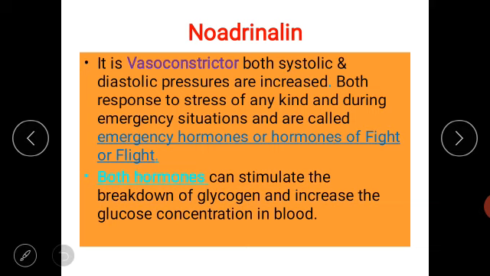It is a vasoconstrictor because it brings about the contraction of the blood vessels.